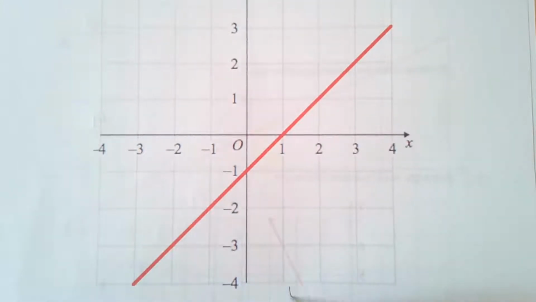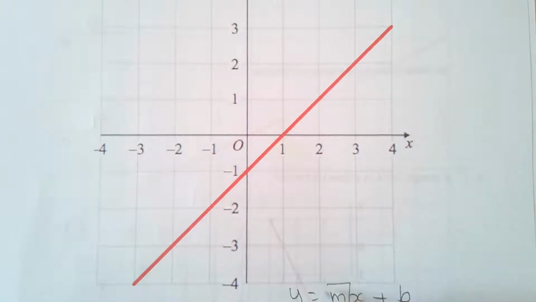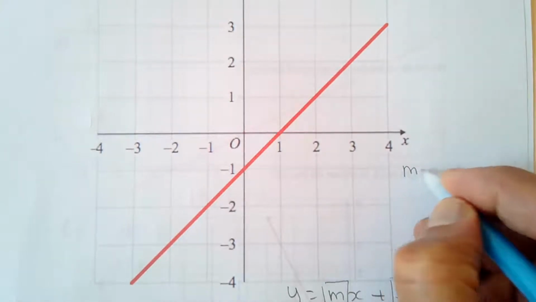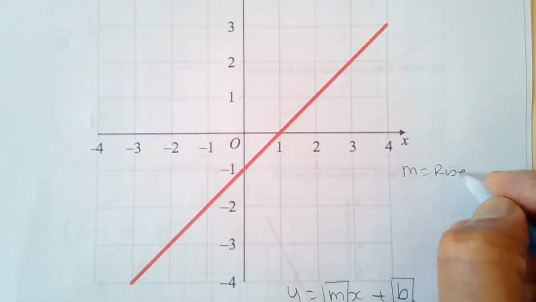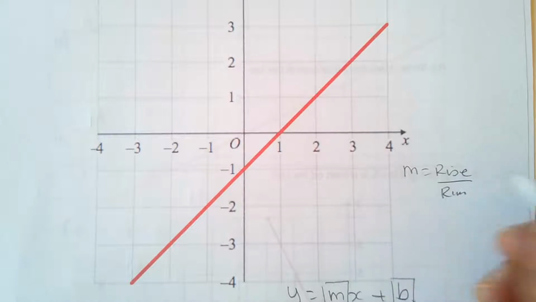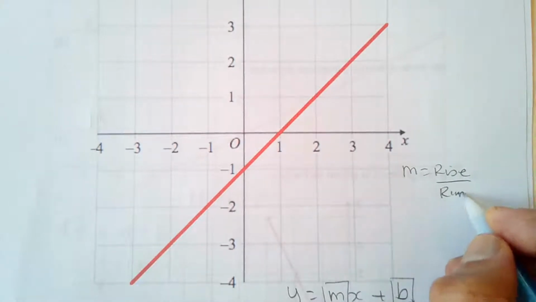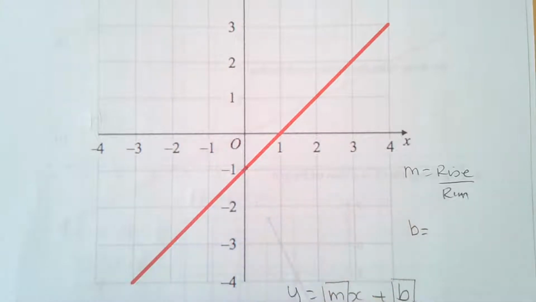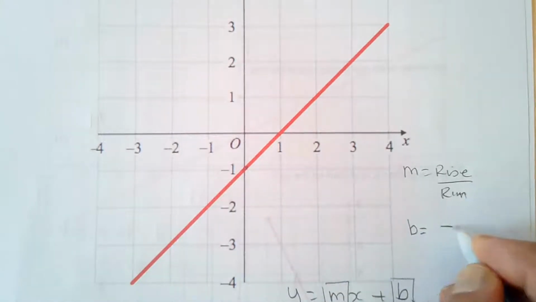So recall y is equal to mx plus b. We need to find the m and the b. So m is the rise over the run, and the b is your y-intercept. So first I'll find your y-intercept. It's -1. So we put here -1.